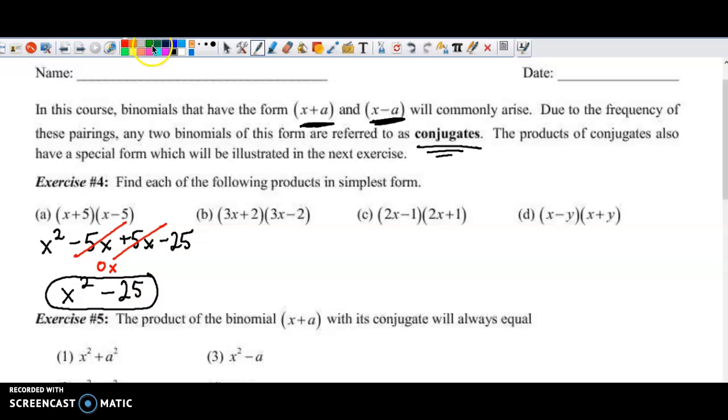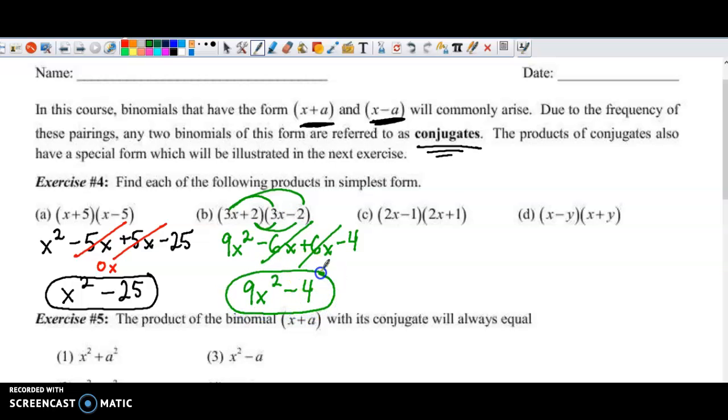So if I do the same thing on the next one, again, once you notice a pattern, I'm fine if you want to jump to that pattern. The outside term would be negative 6x, the inside term is positive 6x, and 2 times negative 2 is negative 4. Again, the outside and the inside terms cancel each other out, so your answer is just negative 4.